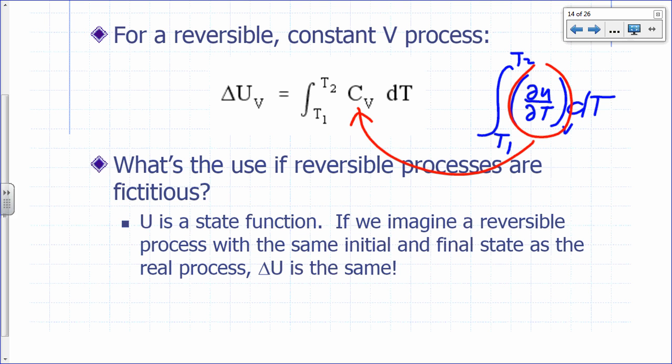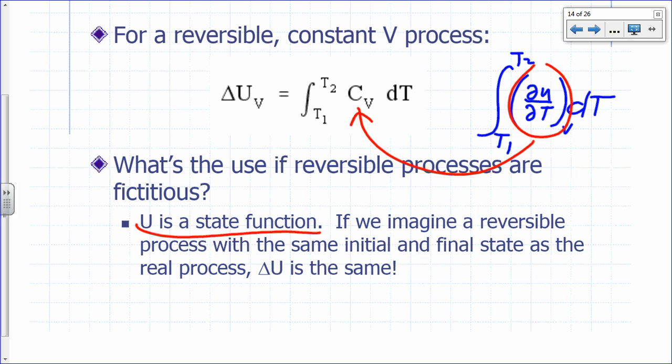Remember, a reversible process is an imaginary process where you make very small, infinitesimally small changes to accomplish the change. So what's the use? If the process is reversible, what's the point of knowing how to do this calculation? Well, u is a state function.